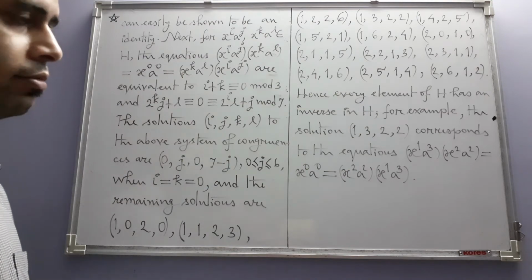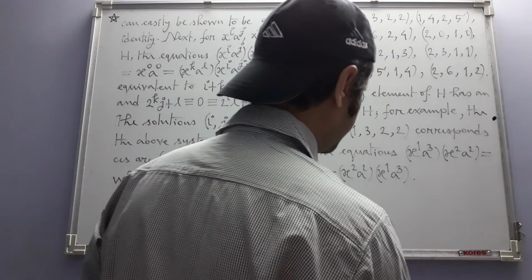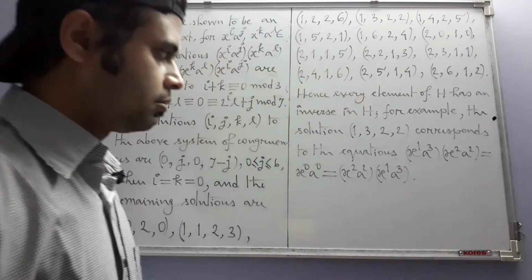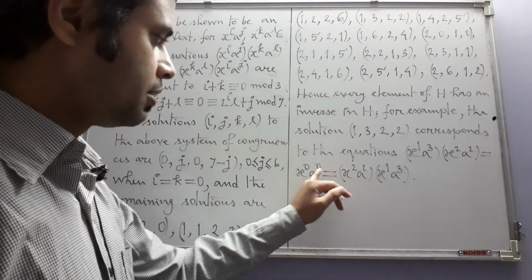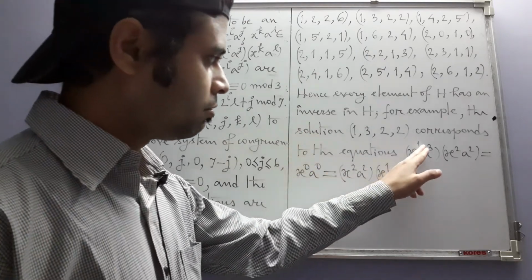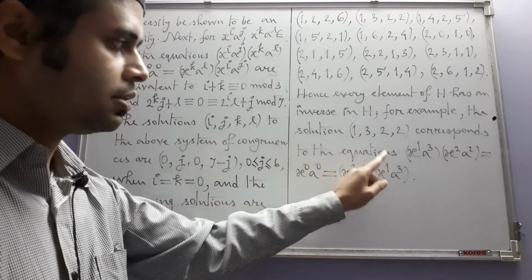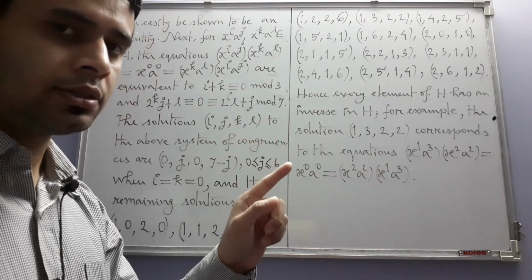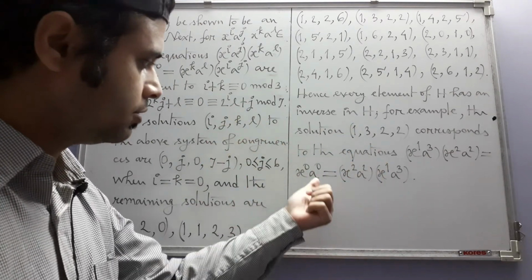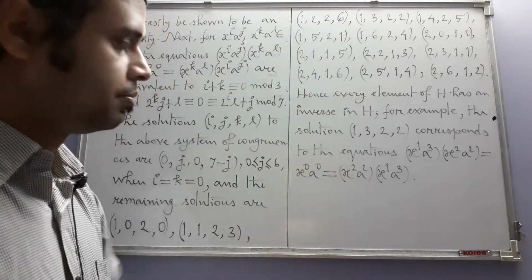Which you can verify is true. In fact, let us just see. One thing is obvious, namely the number that comes above x. 1 plus 2 is 3. 2 plus 1 is also 3. When you divide 3 by 3, the remainder is 0. So according to our definition, we will have 0 here.